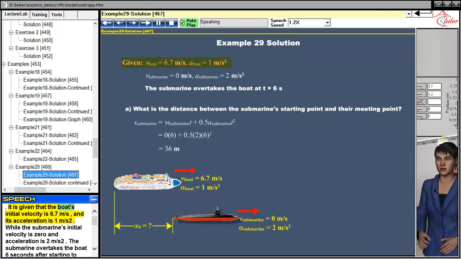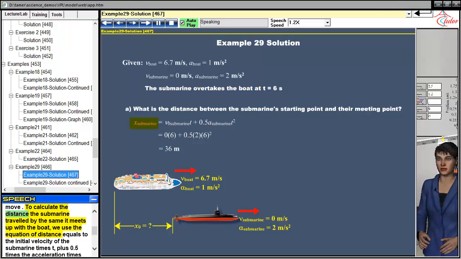It is given that the boat's initial velocity is 6.7 meters per second, and its acceleration is 1 meter per second squared, while the submarine's initial velocity is 0 and acceleration is 2 meters per second squared. The submarine overtakes the boat 6 seconds after starting to move.